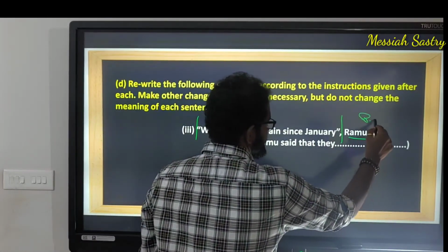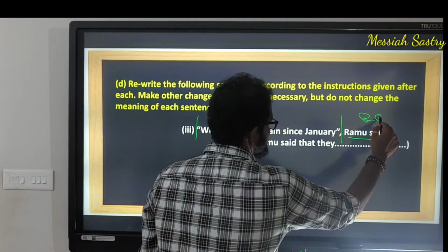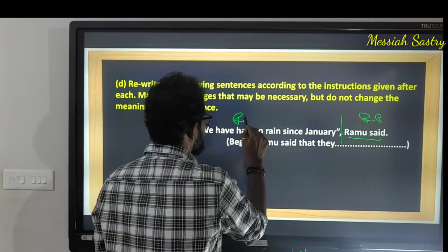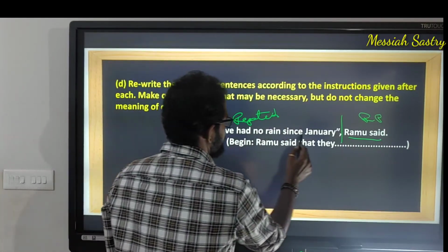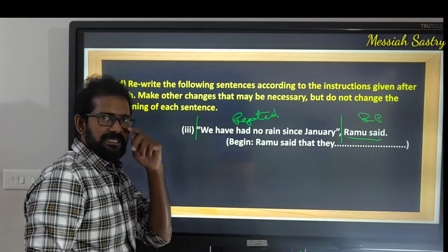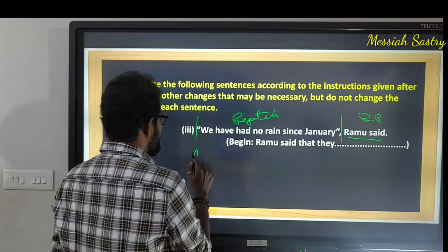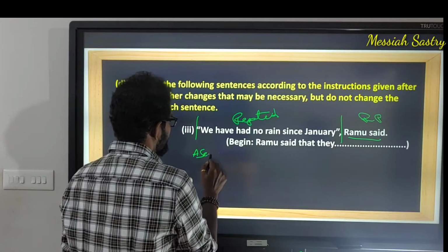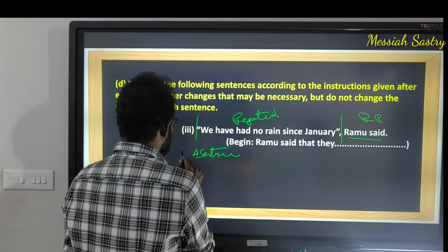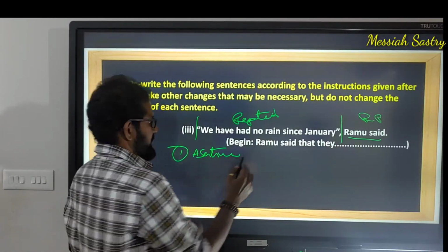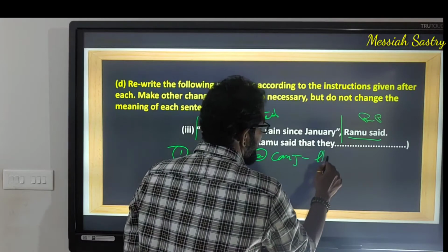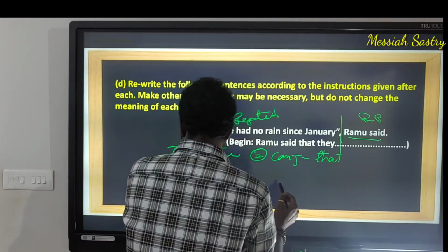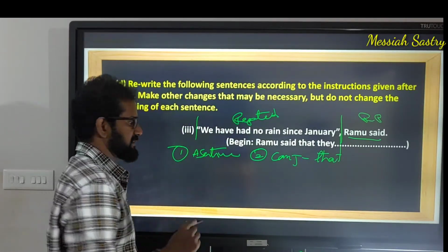Ramu said is the reporting clause. The reported clause is an assertive or declarative sentence. If it is an assertive sentence, the conjunction that must be used.